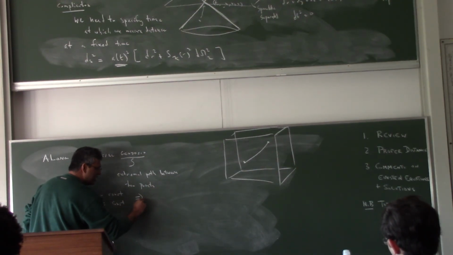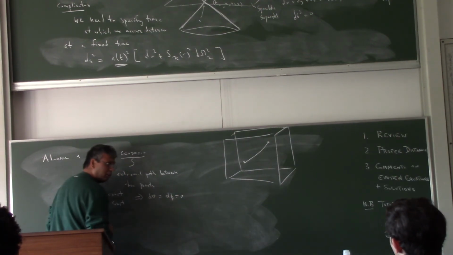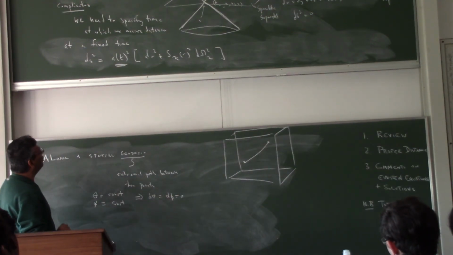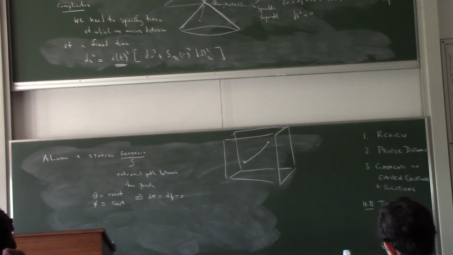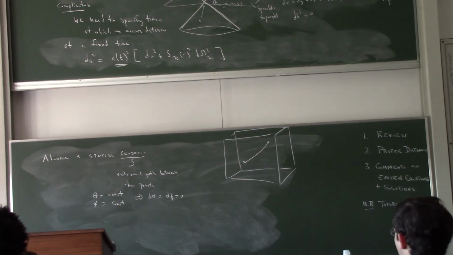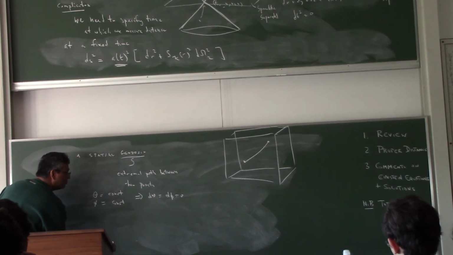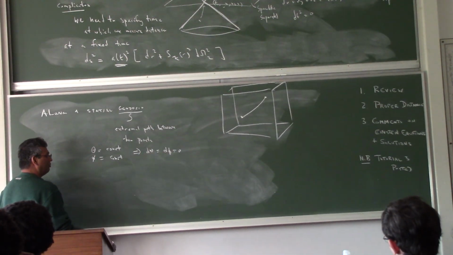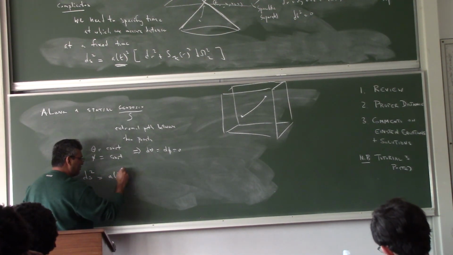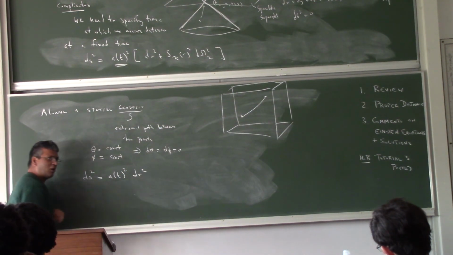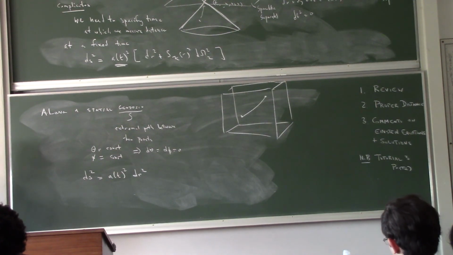So this tells us that d theta and d phi are both 0. So the distance between the 2 points is just going to be specified by dr. Okay. So we have ds squared equals a of t squared dr squared. Let's take the square root of this equation.